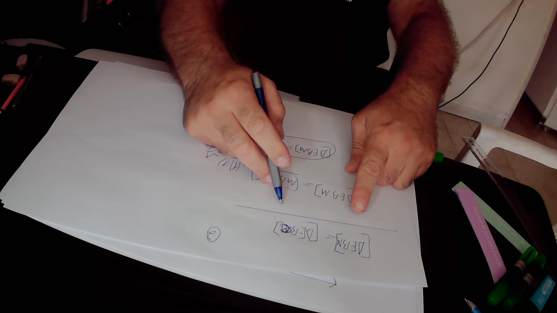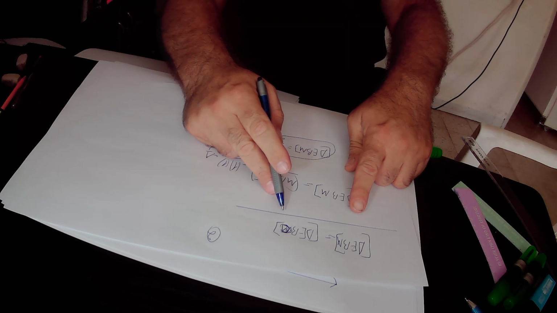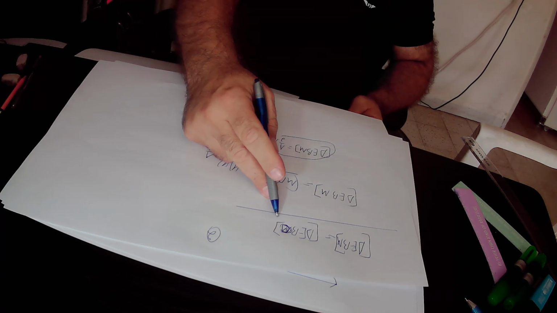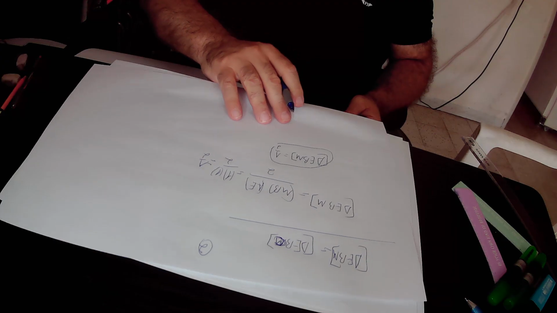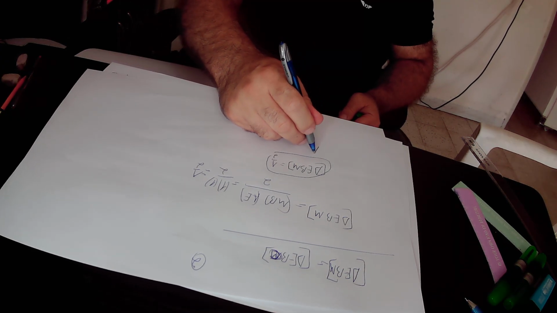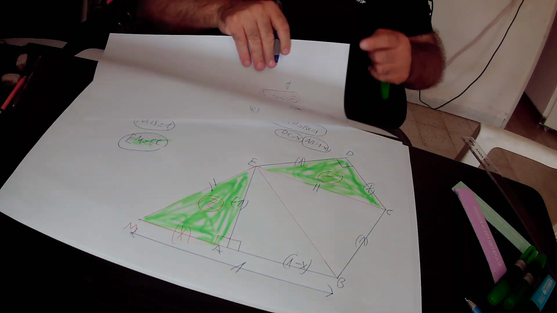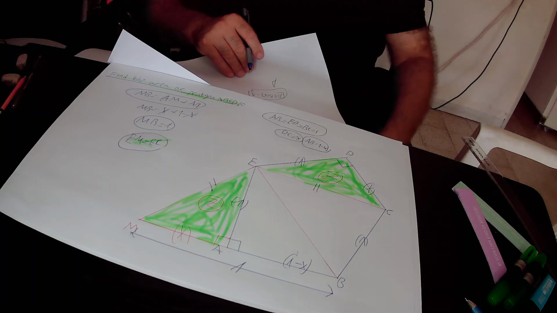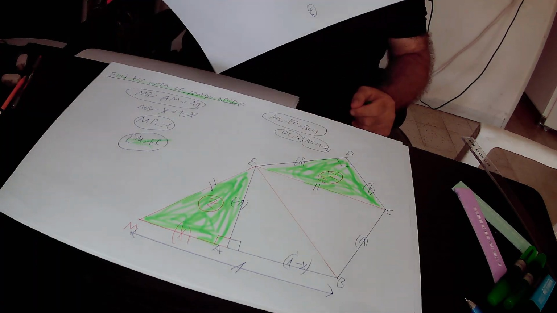So we know that the area of triangle EBM is equal to the area of triangle EBC, and therefore the area of triangle EBC must also be equal to 1 half. It's constant in its size, so they have the same areas.